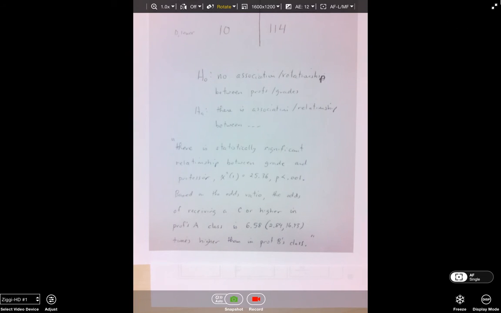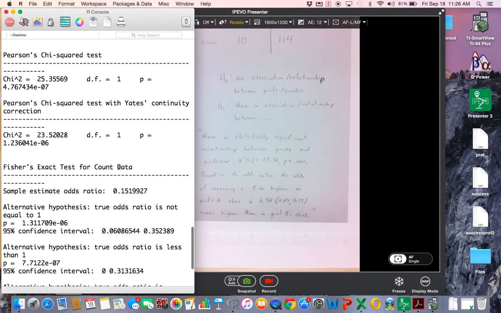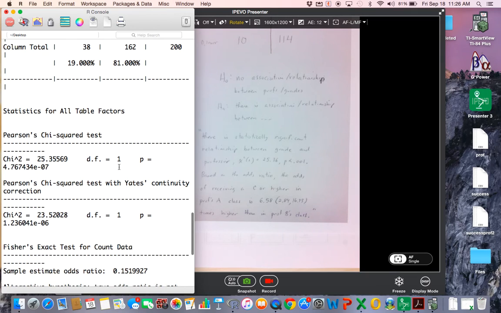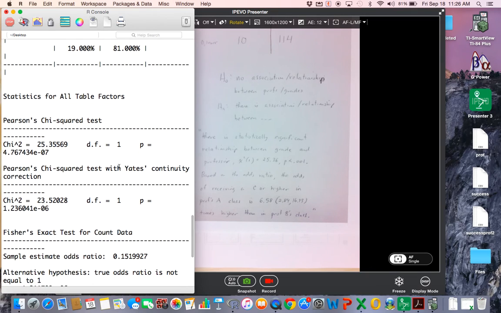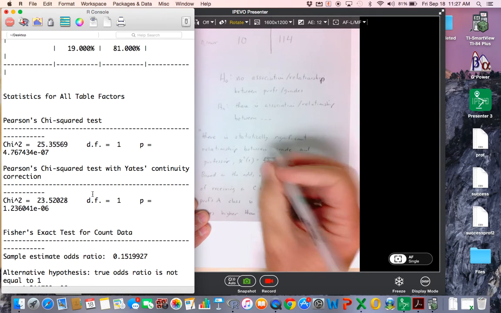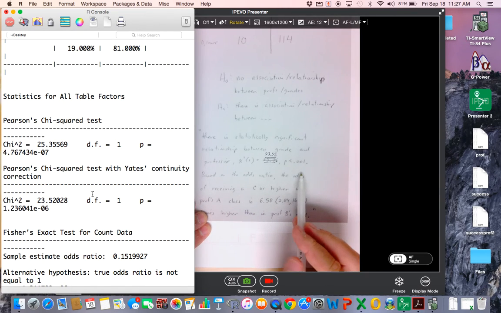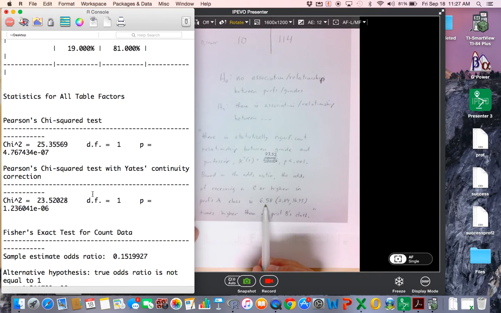I think I've lost my mind here. Yeah, it is. And 23.36. So, guys, I made a mistake there. I would report the Yates continuity correction, 23.52, because we have a 2 by 2 table. Clearly we are less than 0.01, and the odds ratio was 6.58.